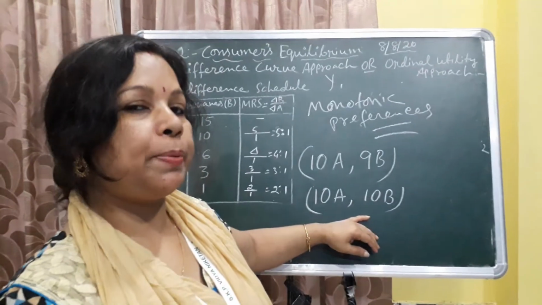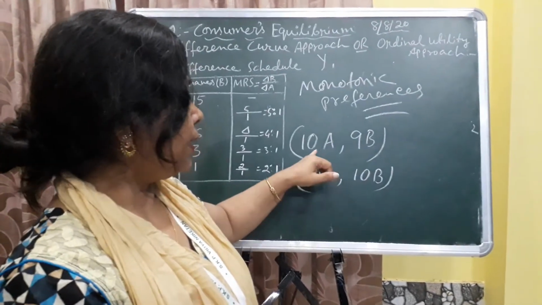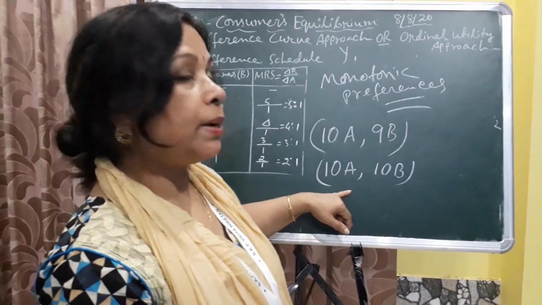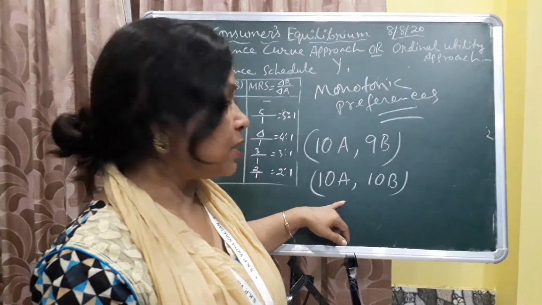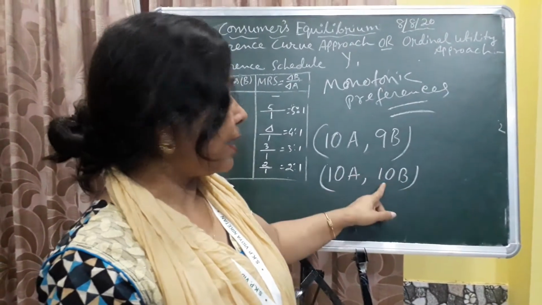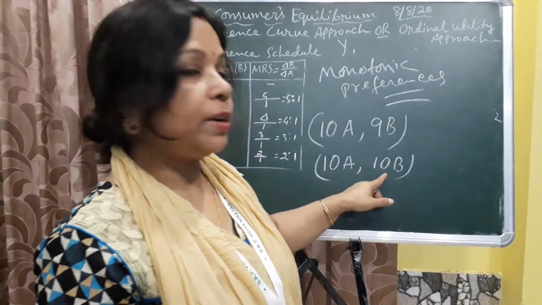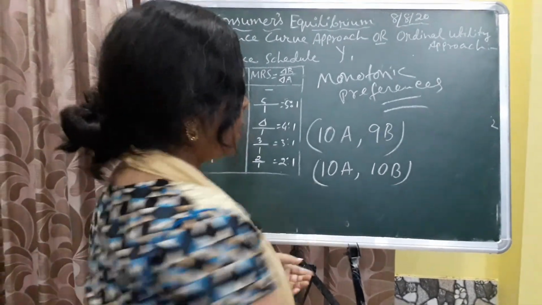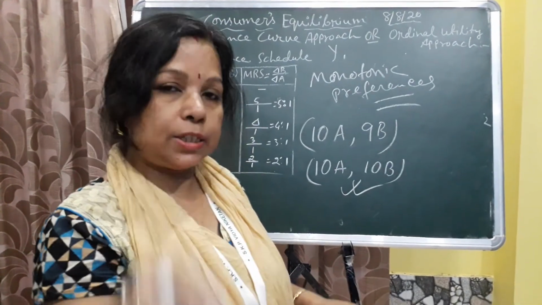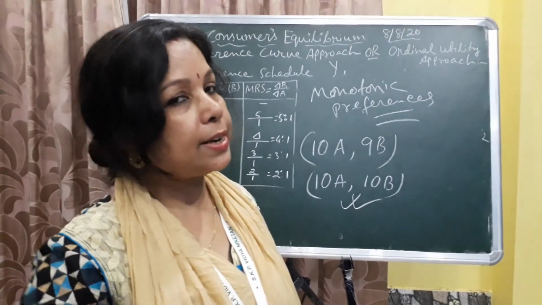Which one will be preferred by the consumer? 10 apples and 9 bananas, or 10 apples and 10 bananas? This bundle will be preferred by the consumer because here 9 bananas, here 10 bananas. So here the consumer will get 1 extra banana. That's why this bundle will be preferred by the consumer, and this situation is called the monotonic preference situation.